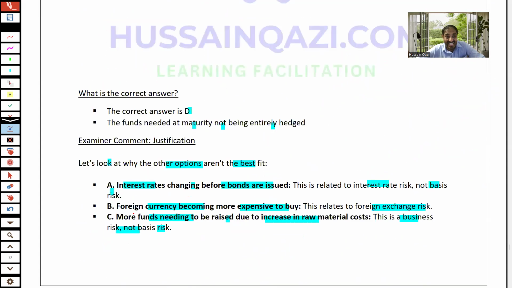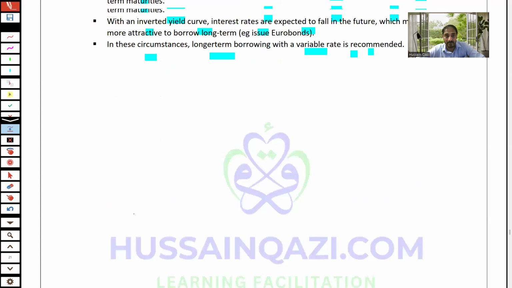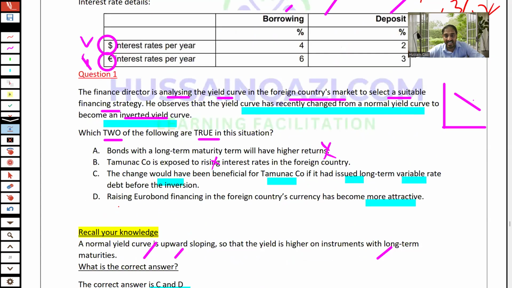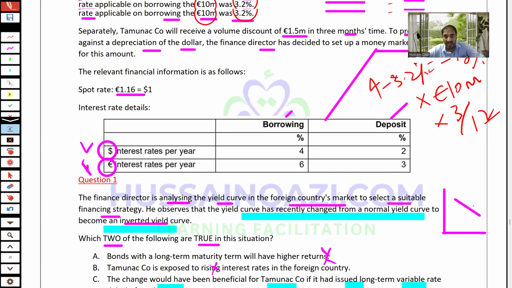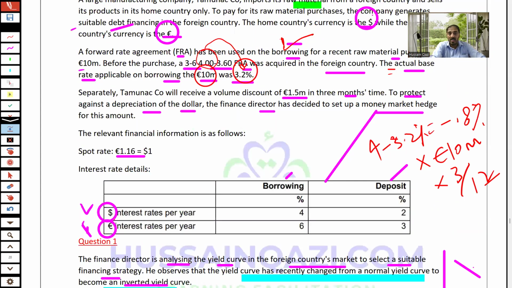But if you connect the points with the case, here it is very categorically mentioned that Temunic will receive a volume discount. Volume discount means some amount is expected to be received, and they have made an arrangement internationally for some volume discount, expecting to receive 1.5 million euro, like a debtor.